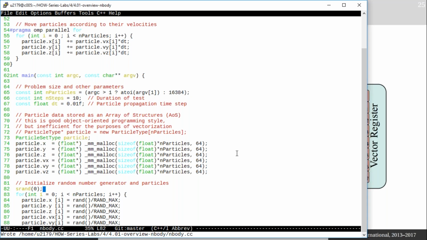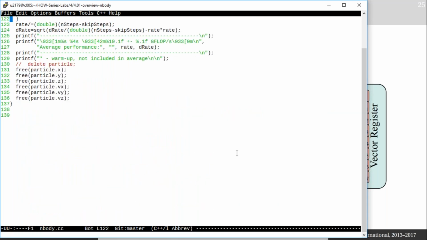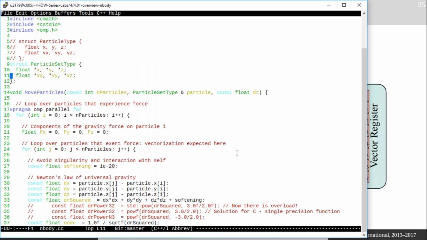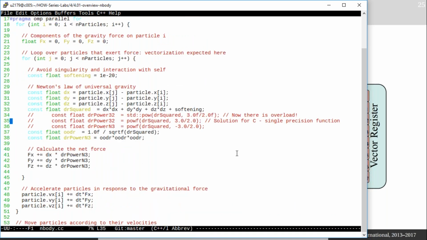When we use this allocator, we also have to use the corresponding deallocator. And if we do that, we will have alignment at runtime. But at compile time, the compiler actually doesn't know about it. So we need to also use step 2.